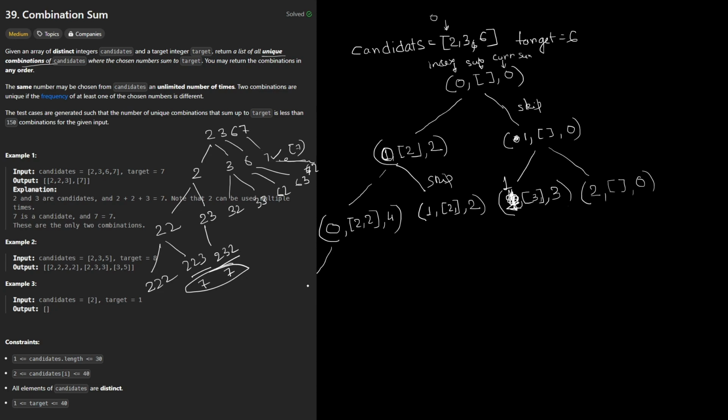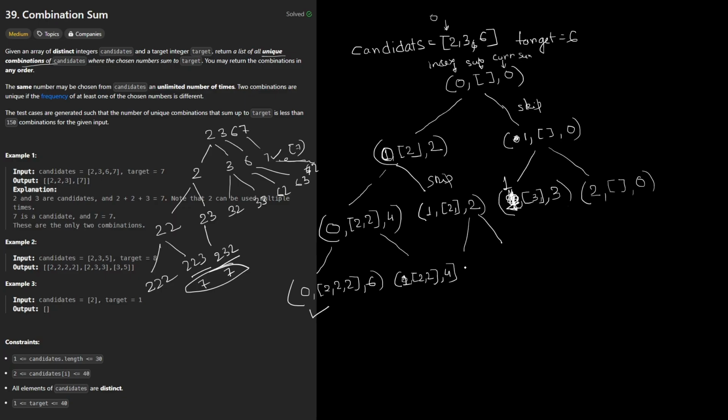Again, we are going to add the elements. It would be 0. We are going to add this, so it would be 2, 2, 2, and the value would be 6. Which is a correct value, and we are not going to do anything because we got our result. In the other option, we are going to again skip it. So it would be index 1, 2, 2, and 4. From here, there could be two possibilities.